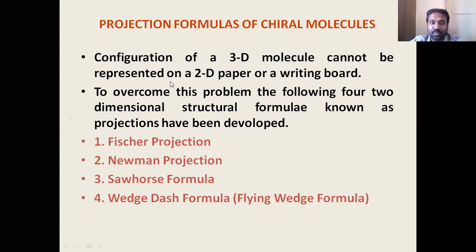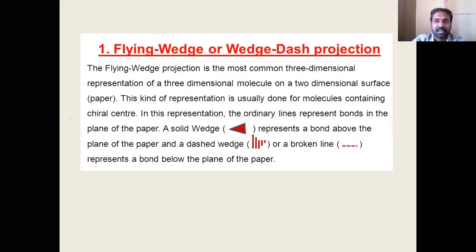So in the wedge-dash formula, there is a deviation from this. We don't represent all bonds using simple lines. Rather, how many bonds does a tetrahedral carbon atom have around it? 4 bonds. Out of these 4 bonds, 2 bonds we represent using simple, plain lines, 1 bond using a solid wedge. What is a solid wedge?